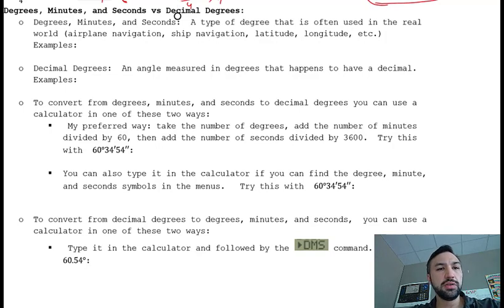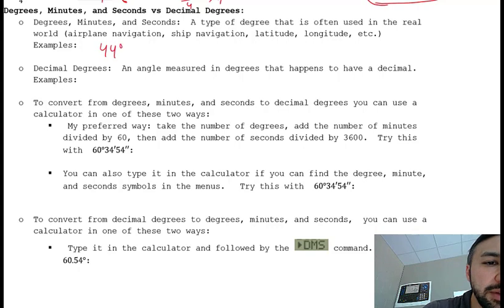Alright, moving on to degrees, minutes, and seconds, and how that compares to decimal degrees. So degrees, minutes, and seconds is a type of degree often used in real-world problems, like airplane navigation, ship navigation, latitude, longitude, etc. So the way this works is you usually have a set number of degrees, and we know the degree symbol.